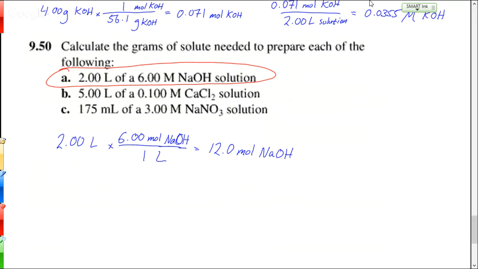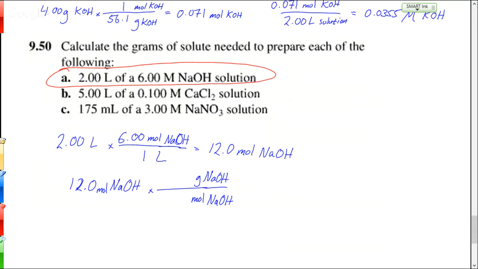So we would go 12 moles. We want to get rid of moles and instead have grams. And we add it up the same way.